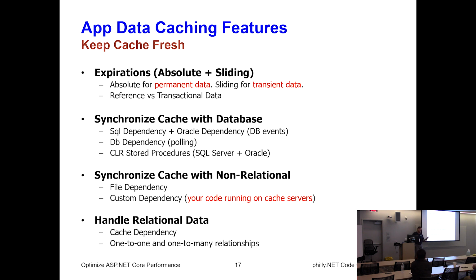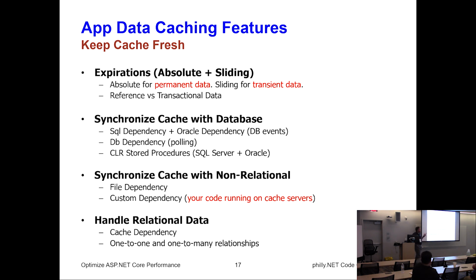But if you're caching a customer or an activity, you don't know when that's going to change because a customer is going to call and make some changes. So you may not be able to live off of expirations only. That's where you need other features in the cache, and all of these features are in NCache as open source. One of the features is that NCache can synchronize itself with the database.